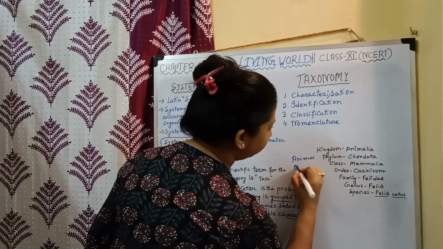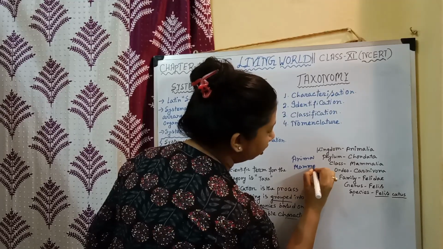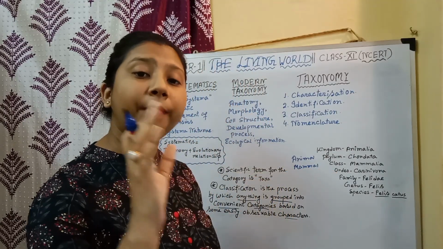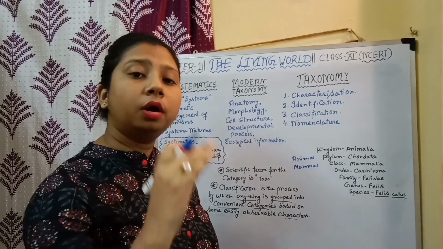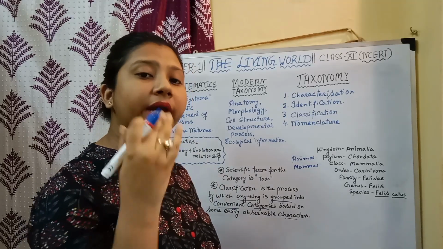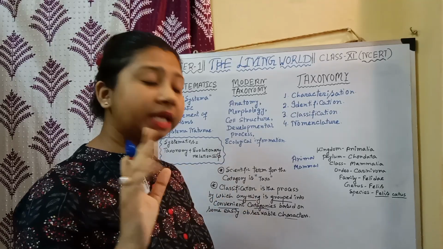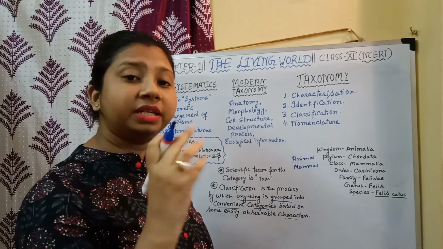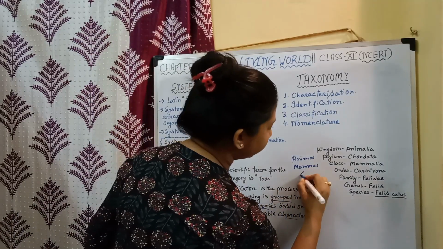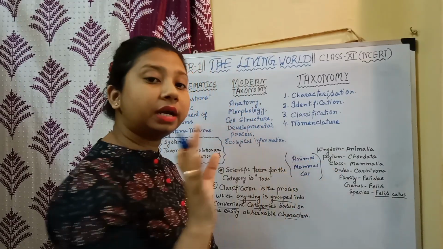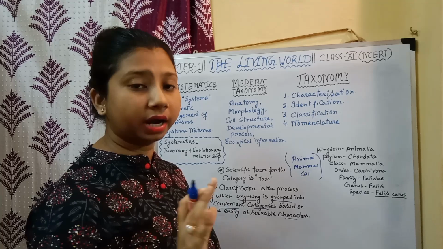What is a mammal? Mammal means the animals that have mammary glands. So cats have mammary glands, so we can call the cat a mammal. And some of you may say that it is a cat. So all these answers are correct.